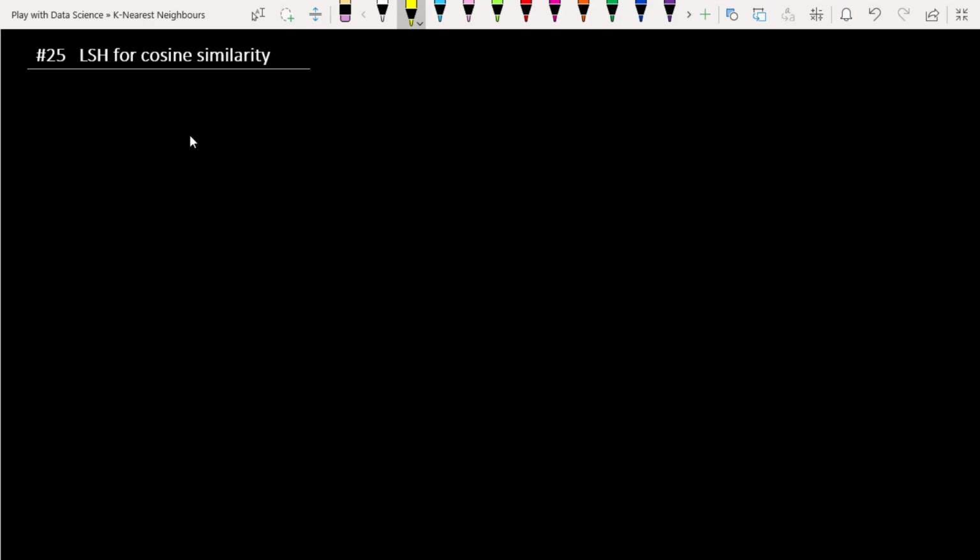So what is cosine similarity? It is simply the angle similarity. Suppose this is our axis, and here we have two vectors x1 and x2, two data points, and these are the corresponding direction vectors of these data points.